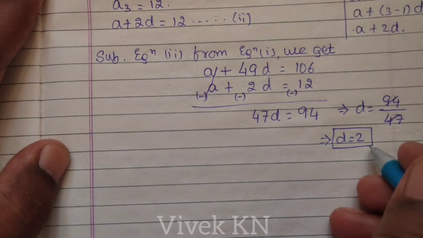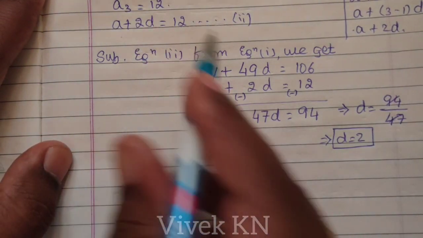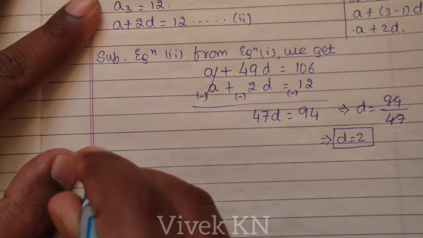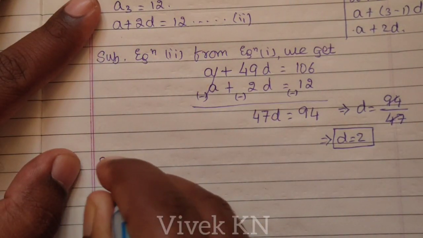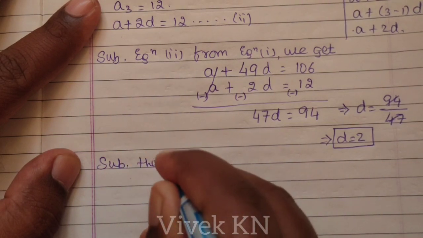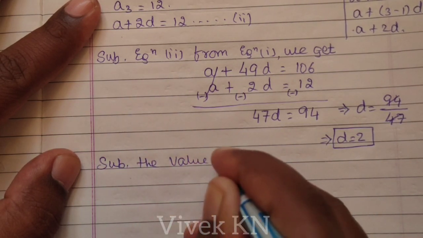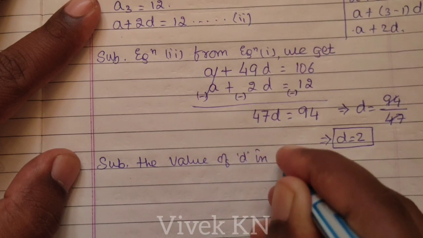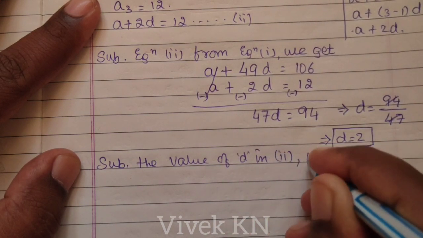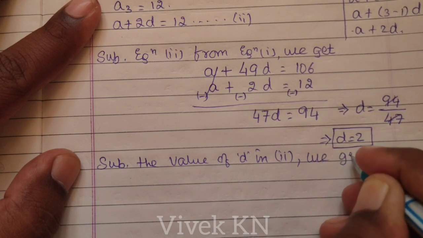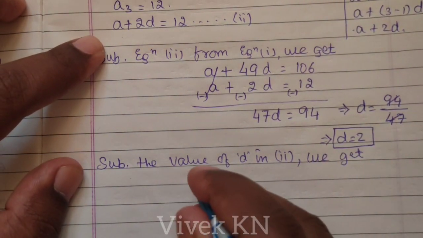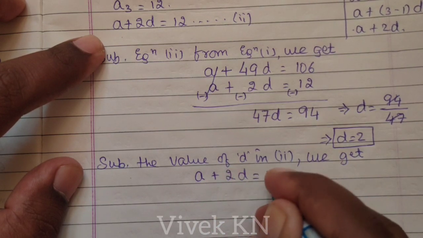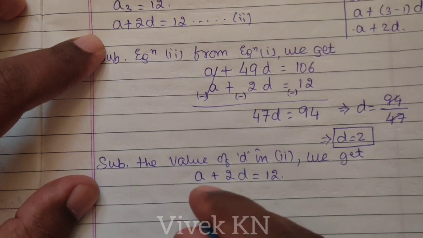Let us substitute the value of D in equation 2. We can get easily the value of A. Substituting the value of D in equation 2, we get A plus 2D is equal to 12.